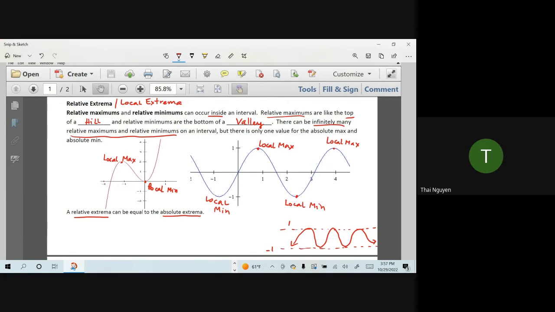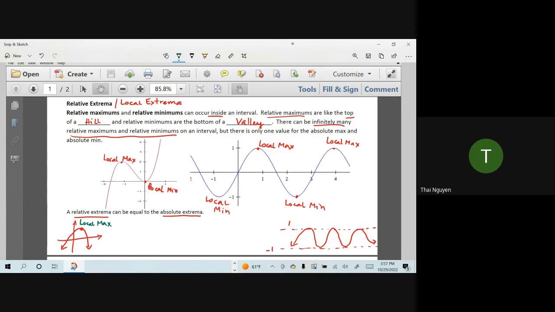Okay, for example, you can see that the quadratic that opens down, like negative x squared plus 5x minus 3, has a local max, and that local max is also an absolute max. And there's no local min, no absolute min in here.